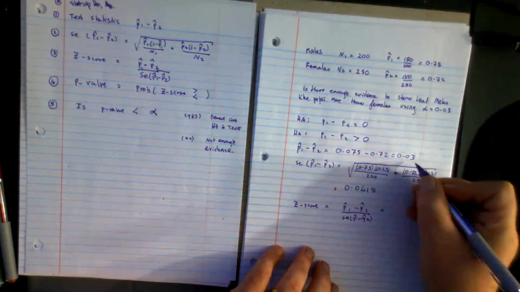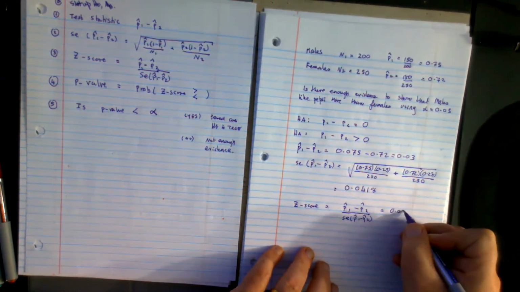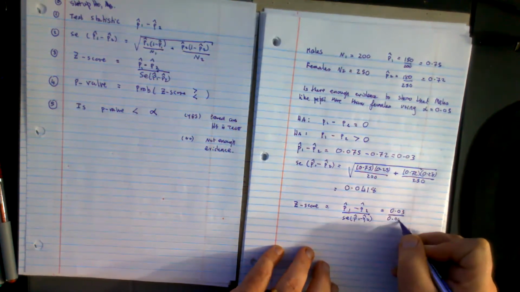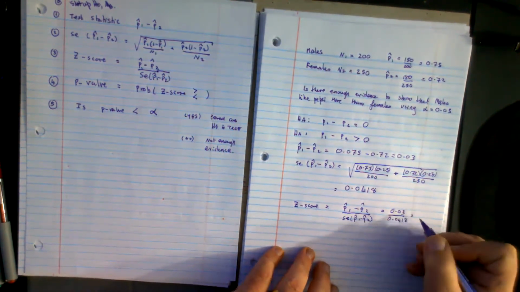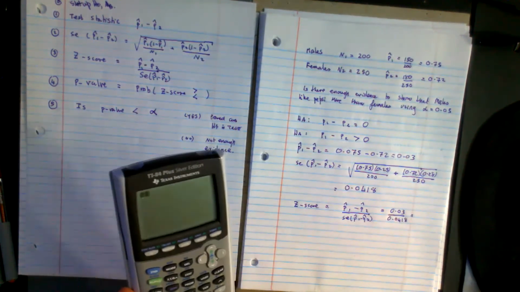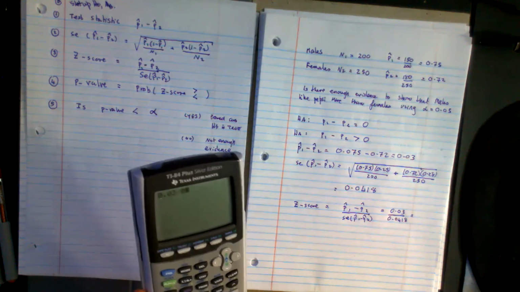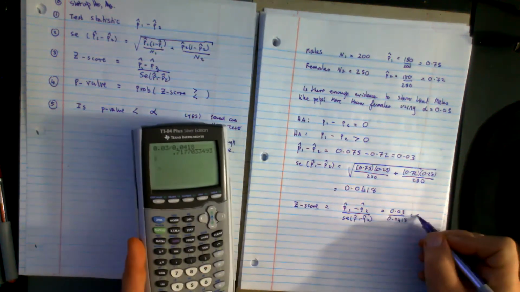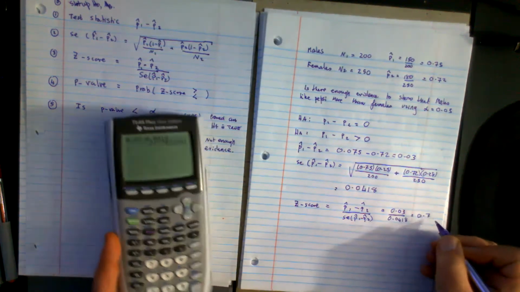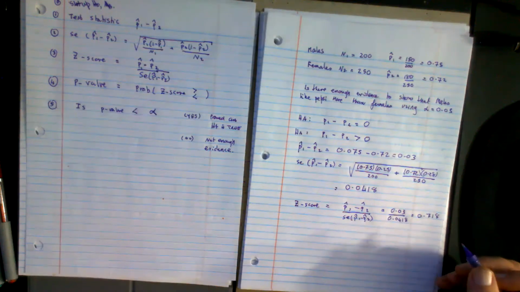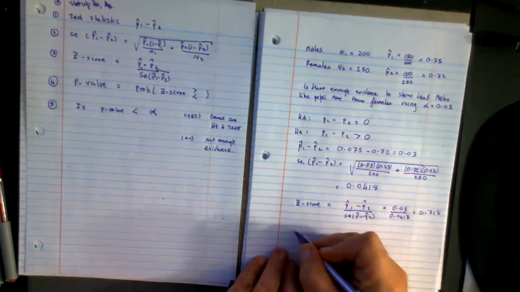So we're looking at 0.03 over 0.0418. 0.03 divided by 0.0418, and I get 0.718 to 3 decimal places.